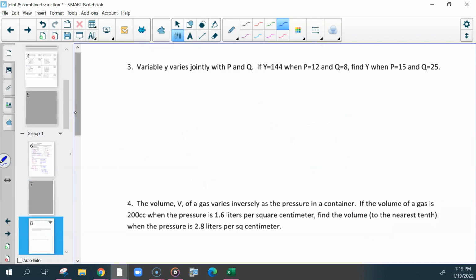We're going to do 3 and then skip to 5. This 4 is just another varies inversely, but it's an application problem. So for 3, we now have variable y varies jointly with p and q. How would I set that up?